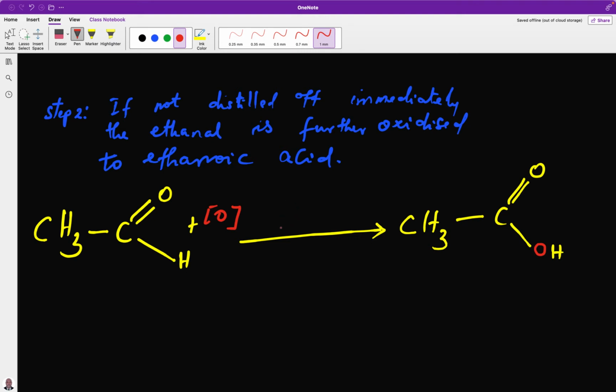Here, under excess acidified potassium dichromate 6 or excess acidified potassium manganate 7, under this condition, we will have ethanol and ethanoic acid.